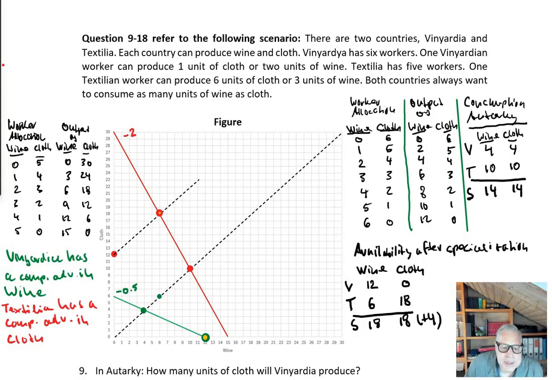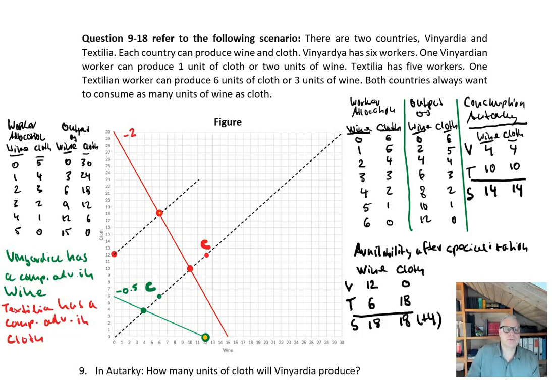So instead of 10 and 10, they get now 12 and 12. Okay, so this is consumption after trade.